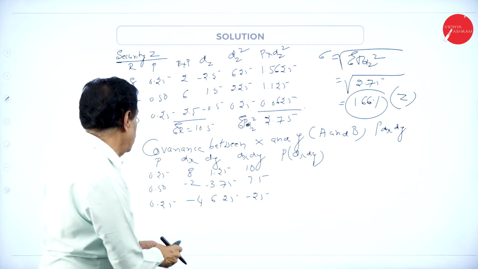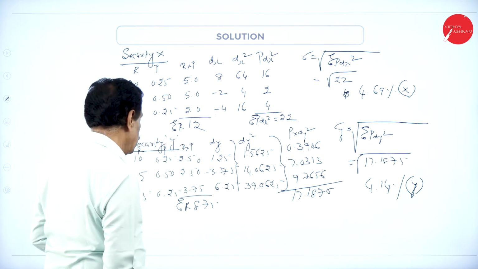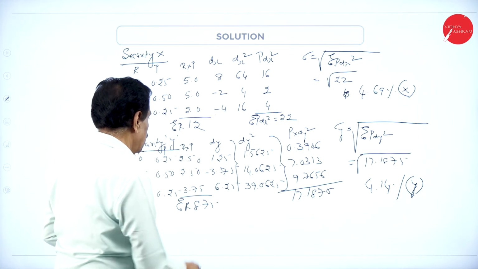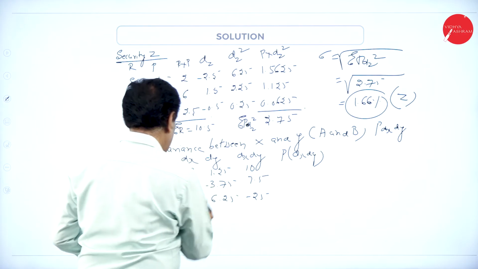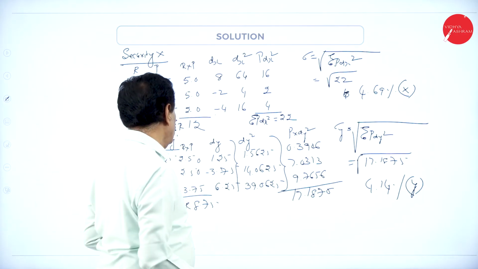Here dx is 8, 2, 4 and dy is 1.25, 3.75, 6.25.